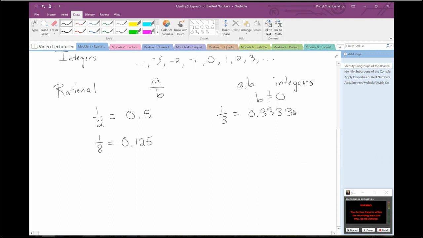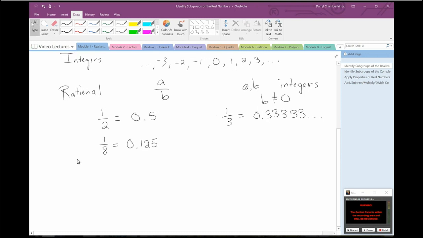Or maybe it looks like 0.333333 repeated, or we could write that as 0.3 repeated. So we know a number can be written as a fraction of integers if it either stops at some point or it repeats in some nice way. And that's how we know if it looks like a fraction, or if we can write it as a fraction.